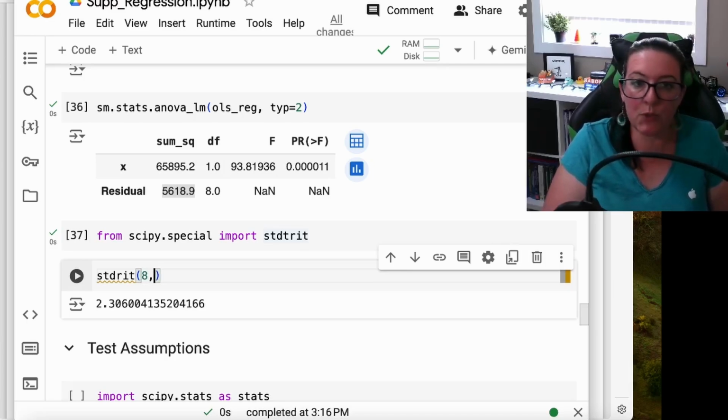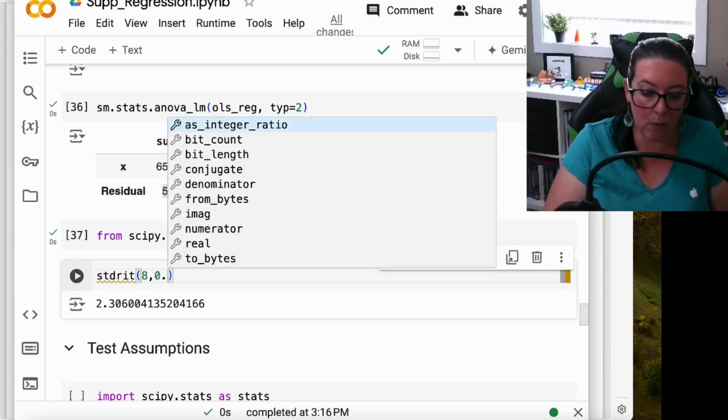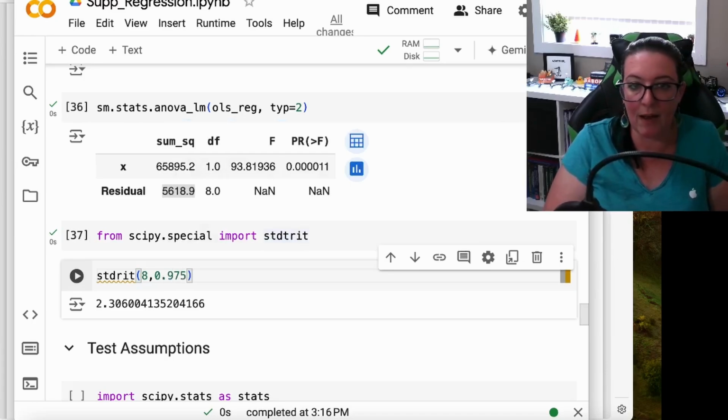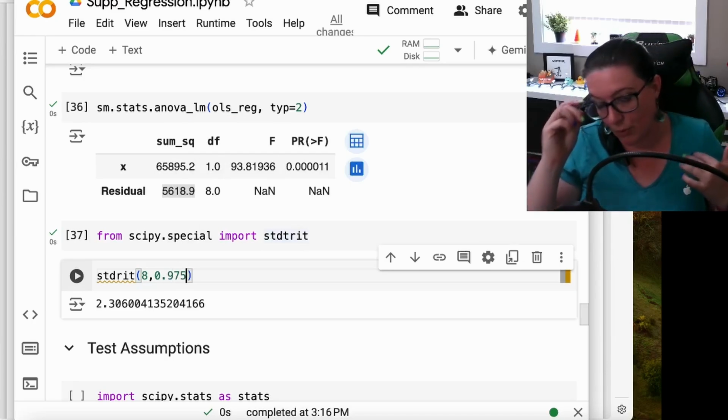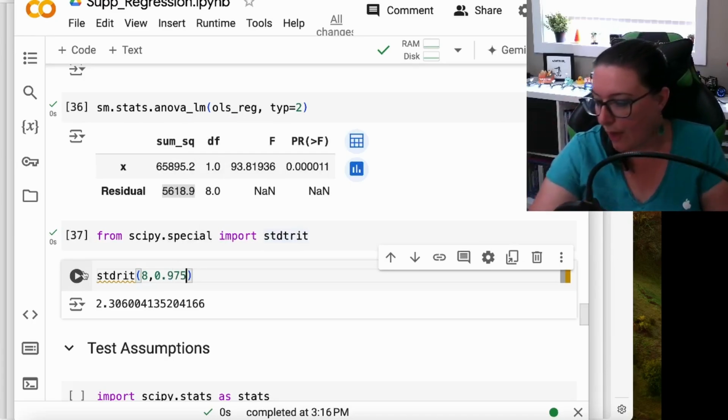And then just like with the other, when we do our inverse, it's everything to the left. If this is a two-tailed confidence interval, then we are going to type in .975 because half of the 0.05 goes on one side, half goes on the other.